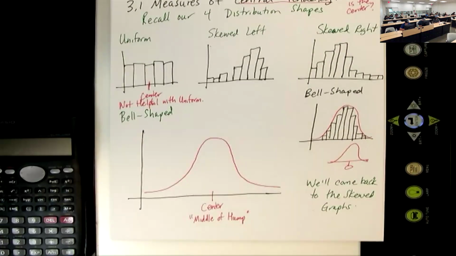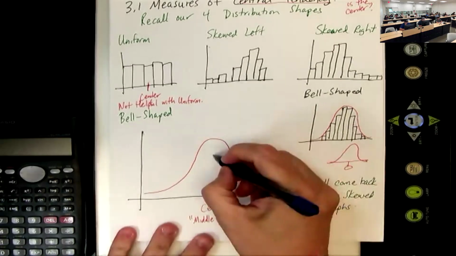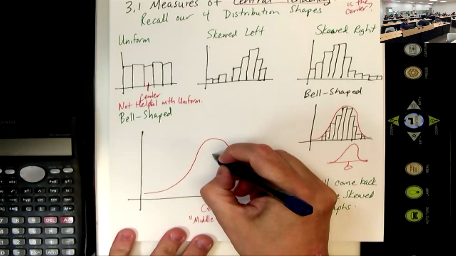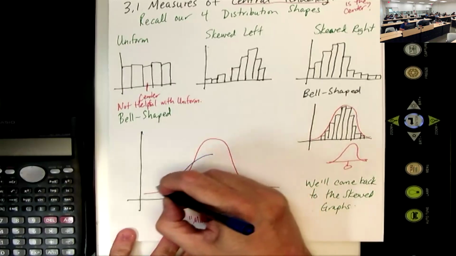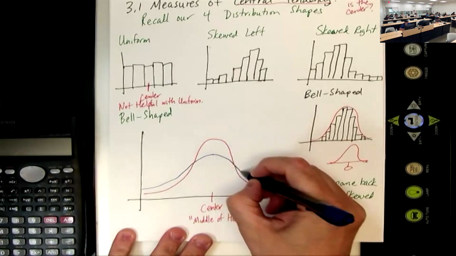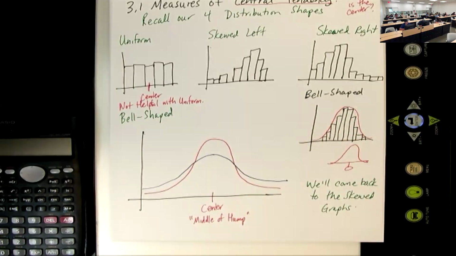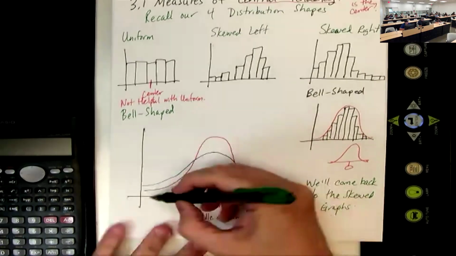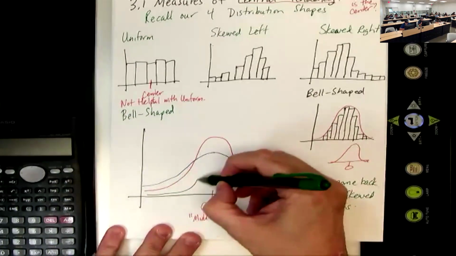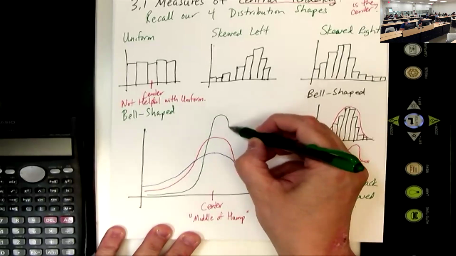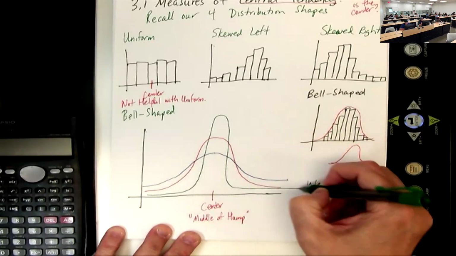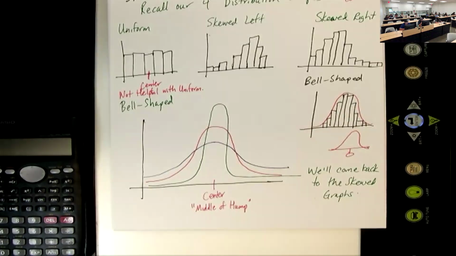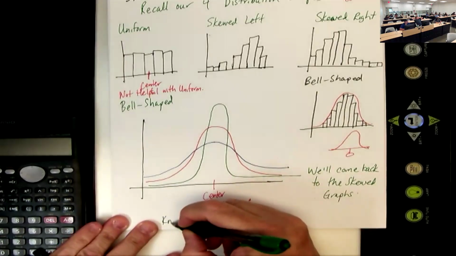I'm going to point out something else here before I change pages though. On the bell-shaped graph, I could have a bell shape that is lower here, but taller on the edges. Or I could have a bell shape that's lower on the edges and kind of spikes up in the middle. So if we know the center of the graph, knowing the center doesn't show everything.